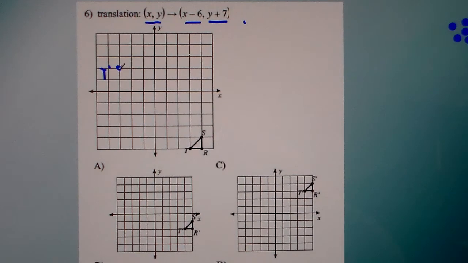R prime is just 1 to the right, so it's 1 to the right here. S prime is just 1 above R prime. So there's our blue triangle. And we're going to look for our blue triangle here in the multiple choice, which it looks like it's B.